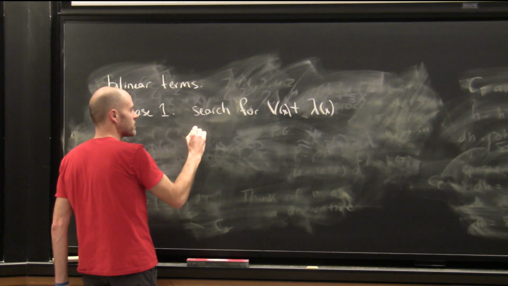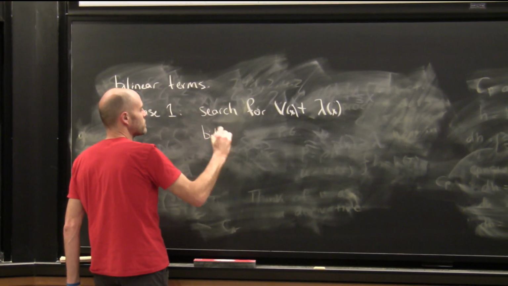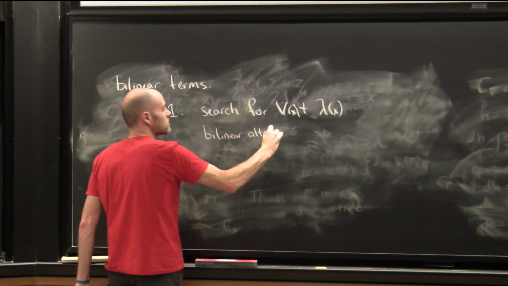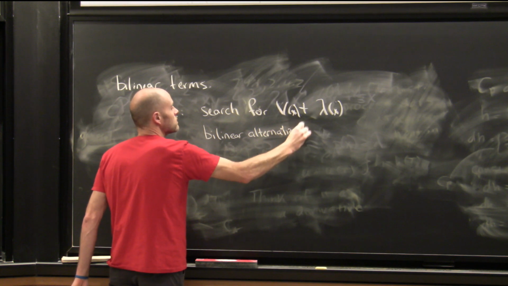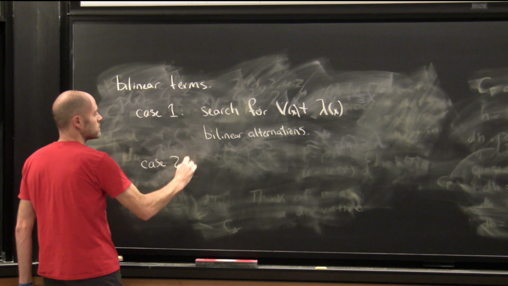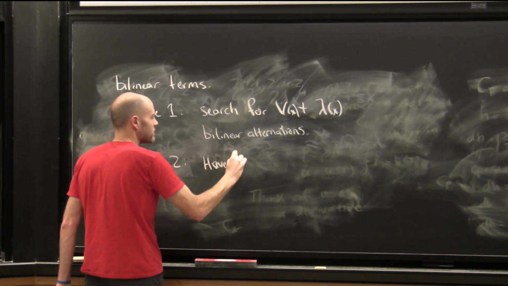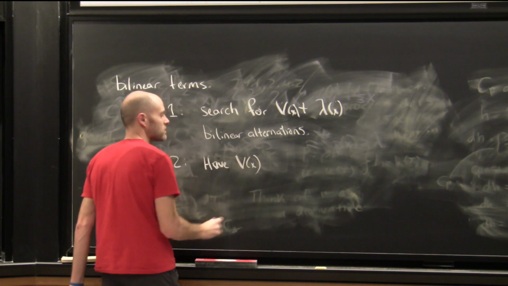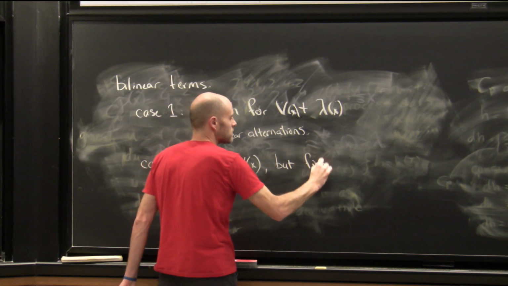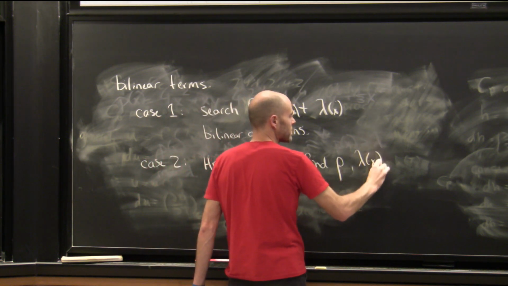In this case, we said, it is non-convex. You can do things like bilinear alternations, which is you fix one, solve for the other. Another interesting case here, case 2: have V of x, but find rho, my sublevel set, and my lambda of x.